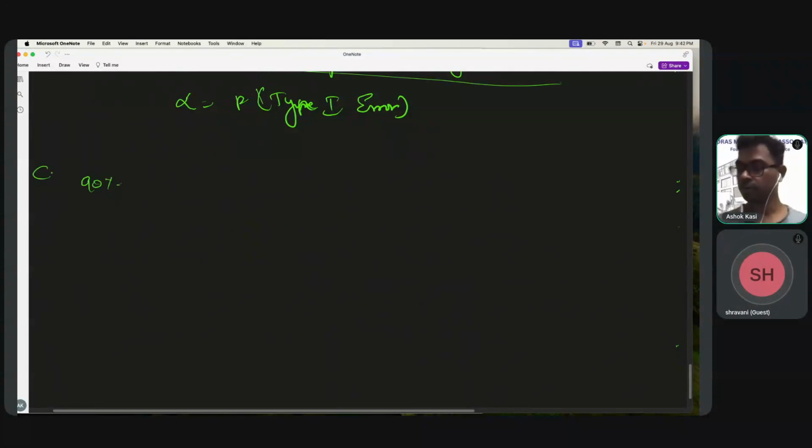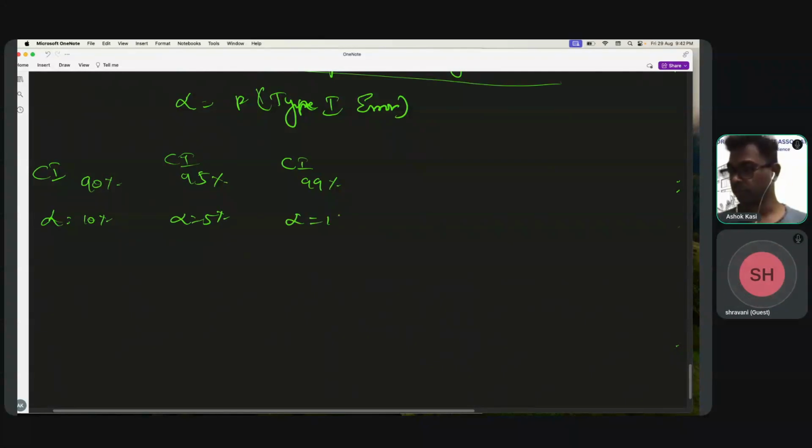Generally people will go for 90% confidence interval, maximum people go for 95% confidence interval, and some people even go for 99% confidence interval. If you are going for 90% confidence interval, your level of significance is 10%. Here your level of significance is 5%. Here your level of significance is 1%.